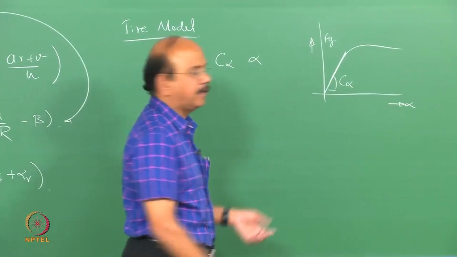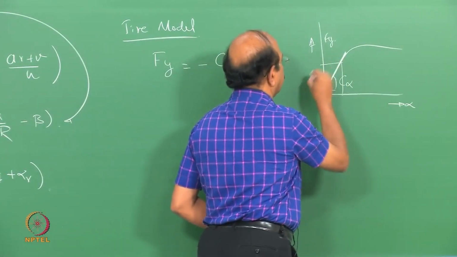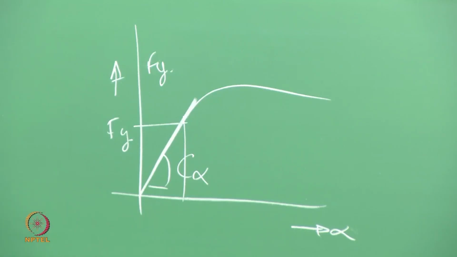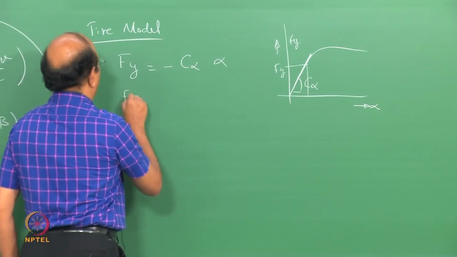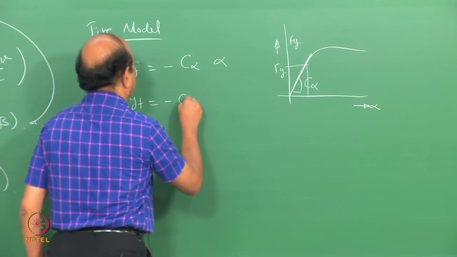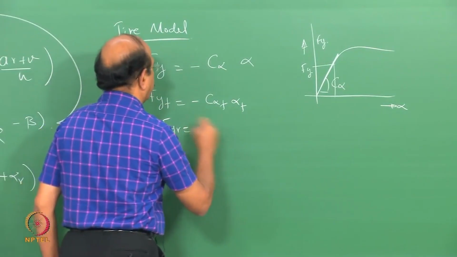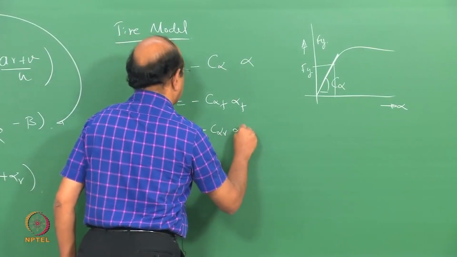So C alpha into alpha gives me Fy. From here, for Fy front, I put C alpha F into alpha F, and for Fy R, I put minus C alpha R into alpha R.